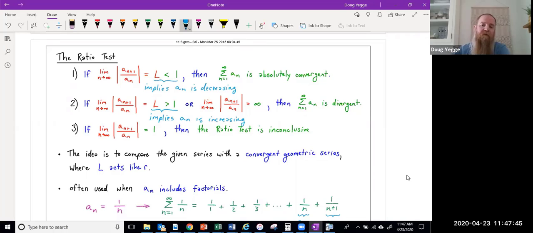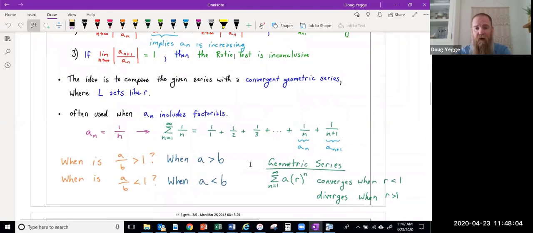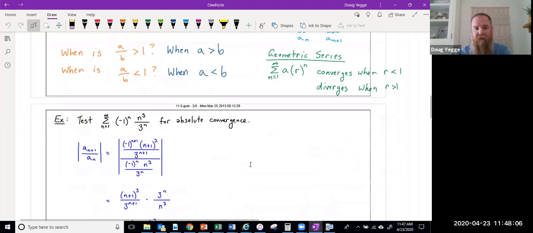So this is actually a really, really helpful tool to use, because we're basically trying to turn any sequence into the idea of a geometric sequence. And it's often used, and really one of the only tests we can use whenever we're dealing with factorials.